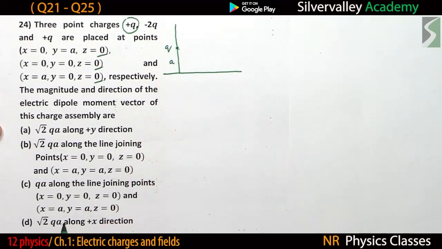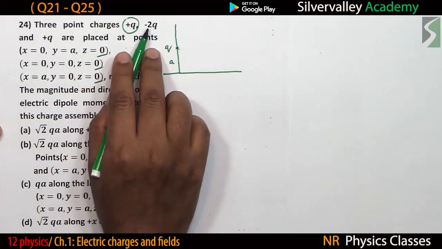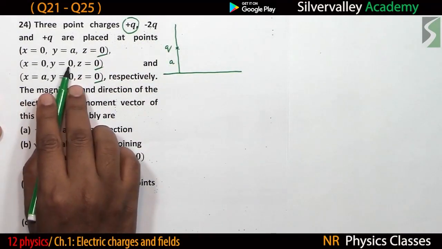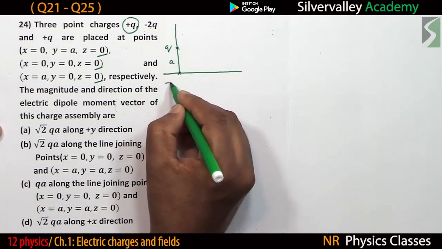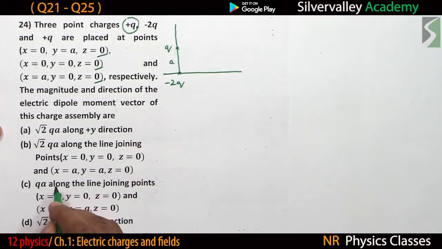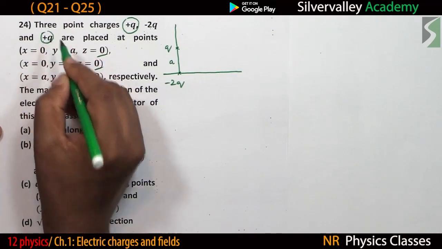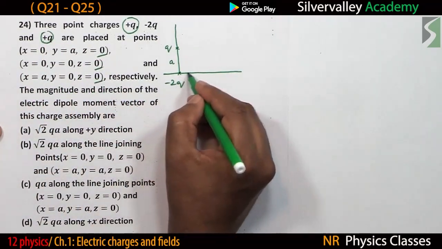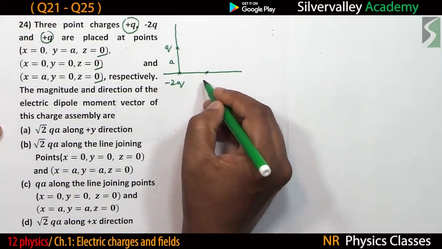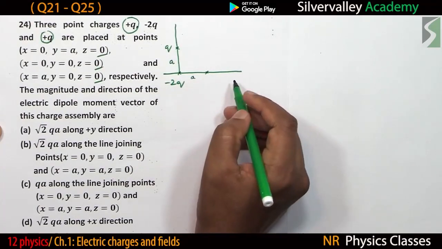Distance is a. Minus 2q is at 0, 0, 0. So minus 2q is at the origin. Plus q is at a, 0, 0. So distance is a.